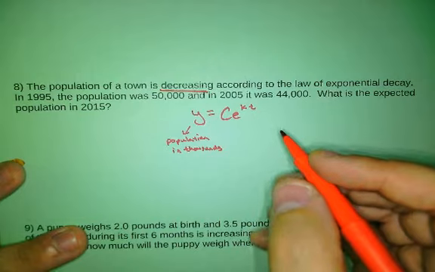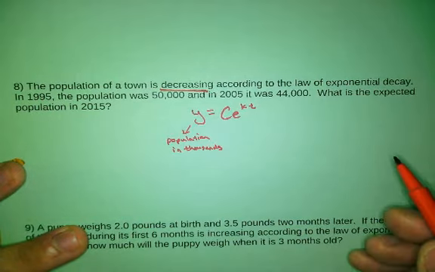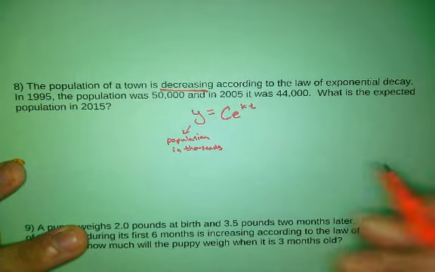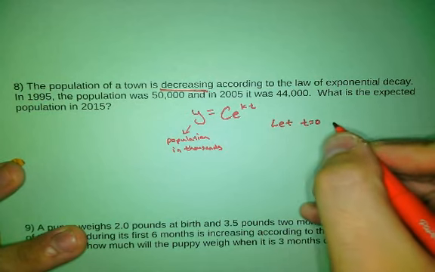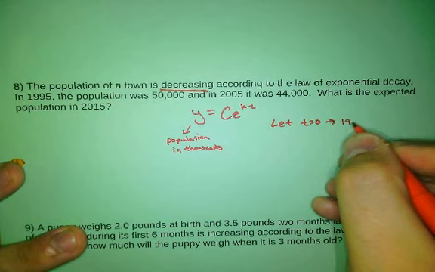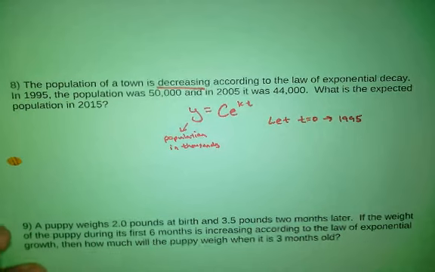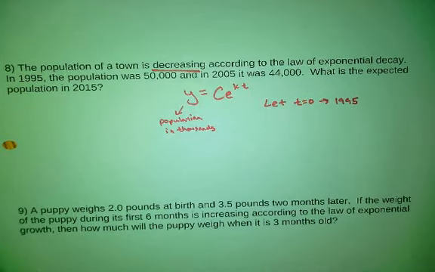Time starting at 1995. Do you want t to be 0 at 1995? Sure. So let t equal 0 be 1995. I'm not picking anything weird here, like letting t be 5 be 1995, because that would really stink and you'd have to do a lot more math.